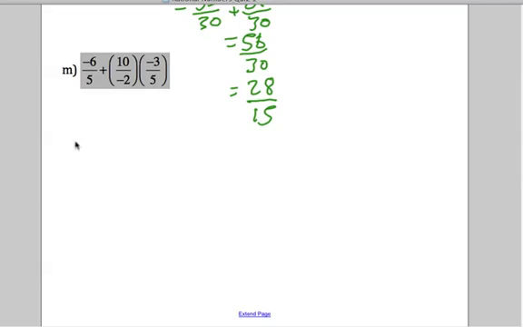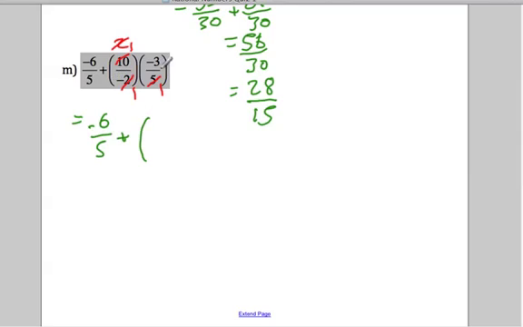Okay, next question. Do the multiplication before you do the addition. So negative 6 over 5 plus, and we're going to reduce here. 5 goes into itself once, and into 10 2 times. But then the 2's reduce, 1 and 1.